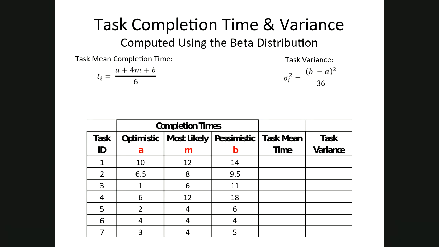All right, and so what we know from task 4, we know that the term A is going to be 6. We know that M is going to be 12, and we know that B is going to equal 18.